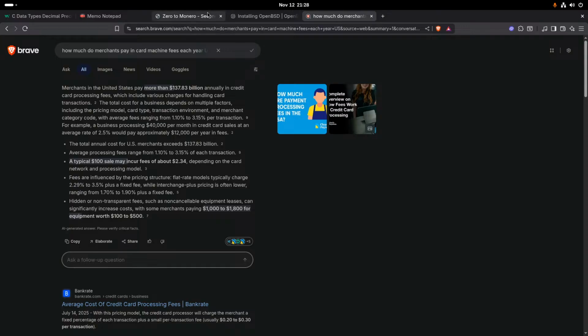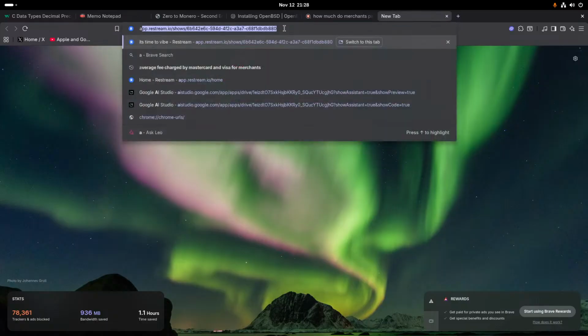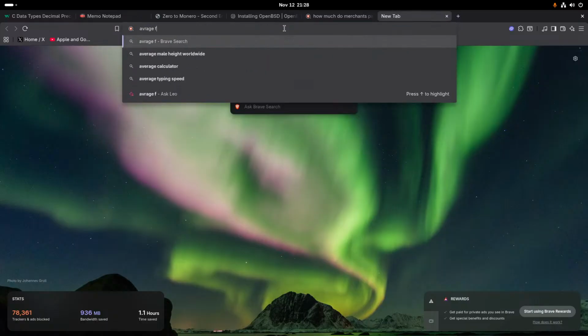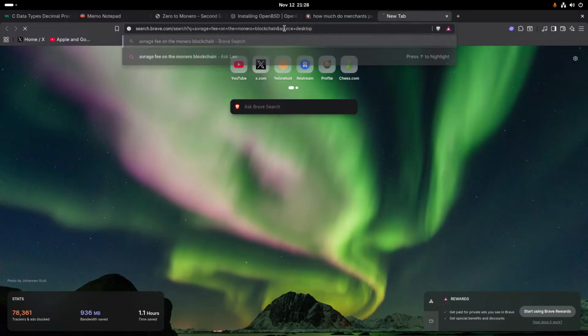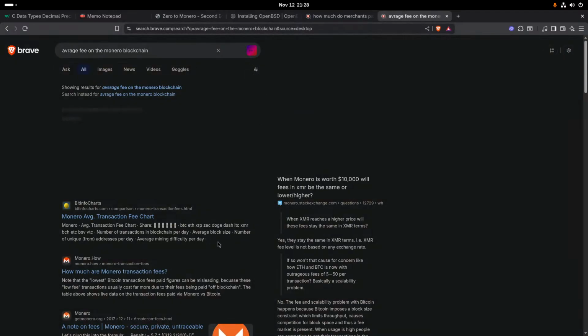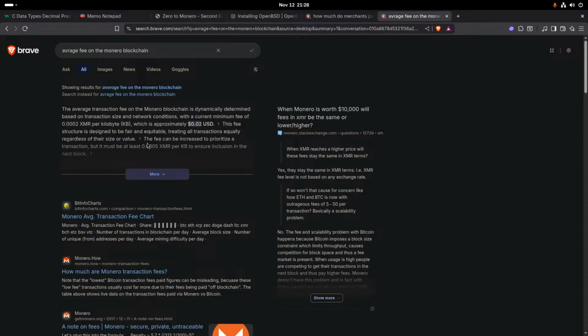So, what is the fee? We're gonna read about it. On the Monero blockchain, the average transaction fee is dynamically determined based on transaction size and network conditions.